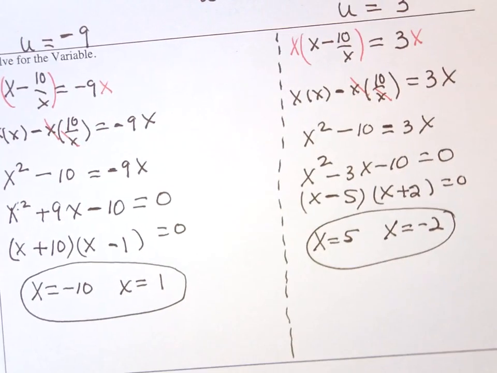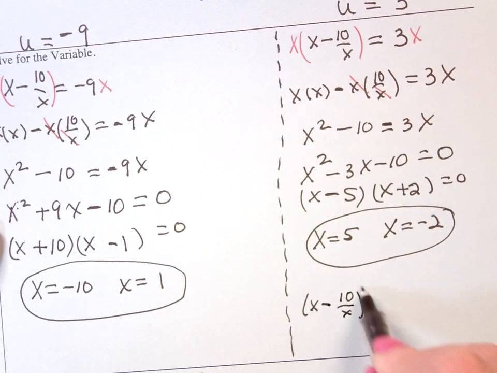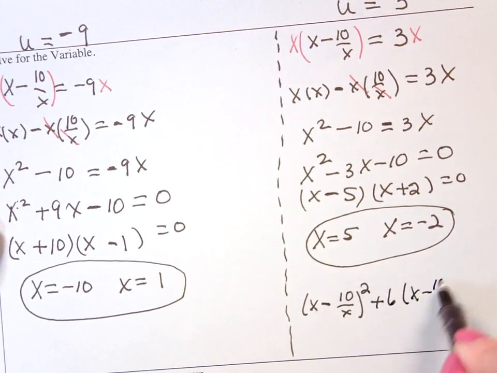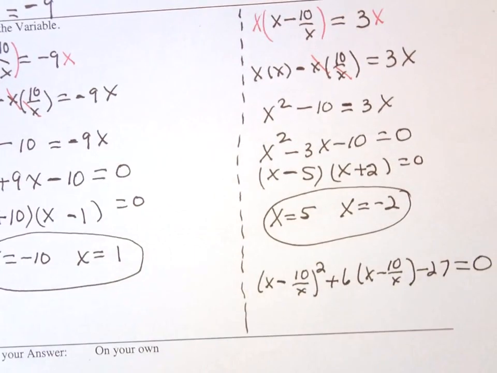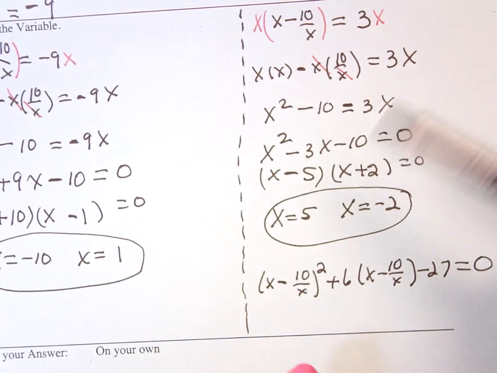Well, let's take a look at the original problem. The original problem was x minus 10 over x squared plus 6 times x minus 10 over x minus 27 equals 0. What's the only thing x can't be? X can be negative, that's not going to be a problem.